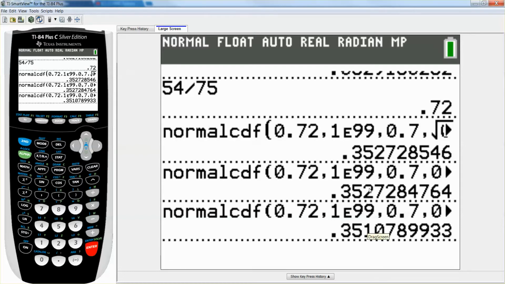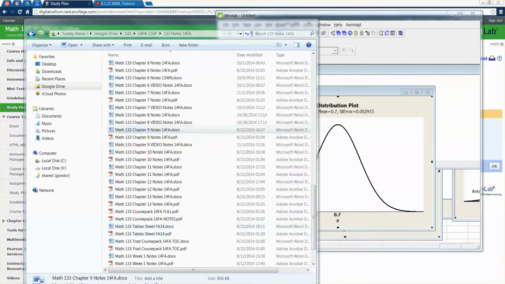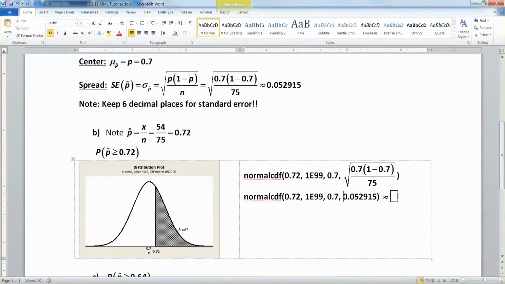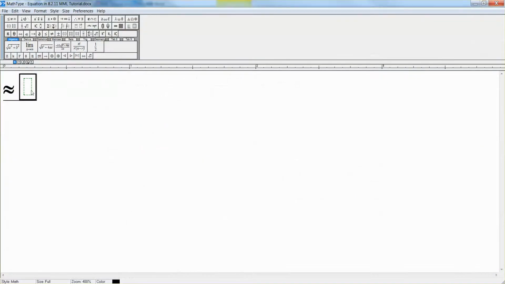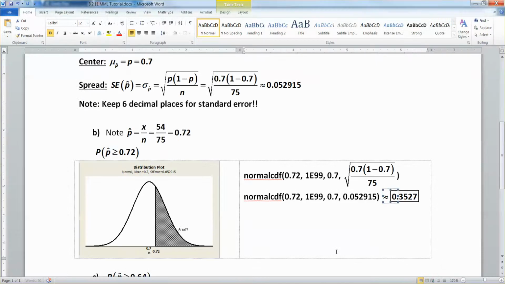That's not any good to you. So you want one of the top two. Either use the big square root or use 6 decimal places, but you need a lot of accuracy to make the answer correct. So there it is, 0.3527. There we have it.